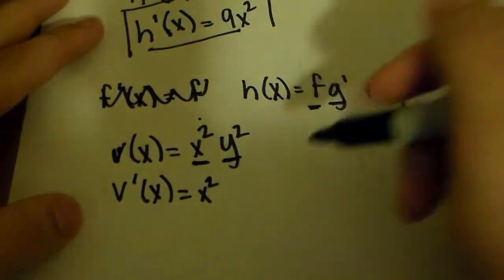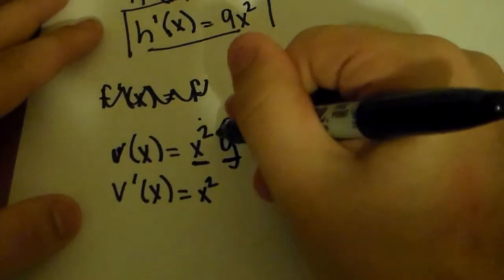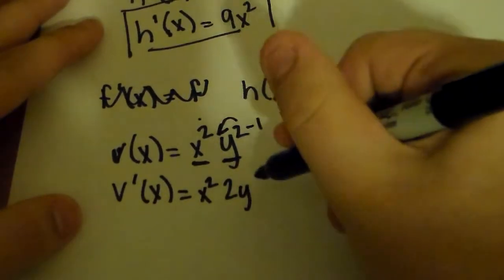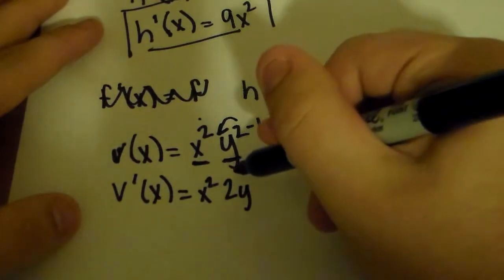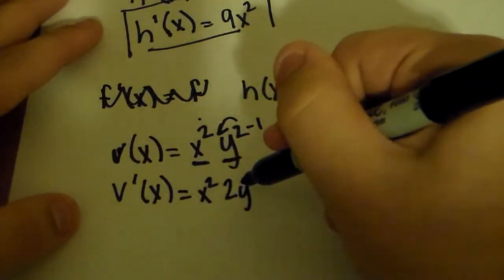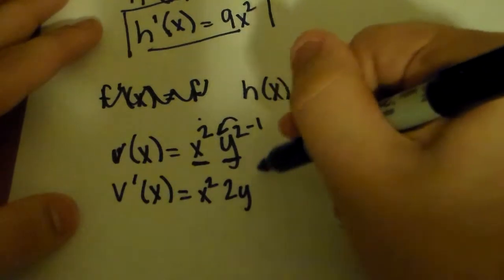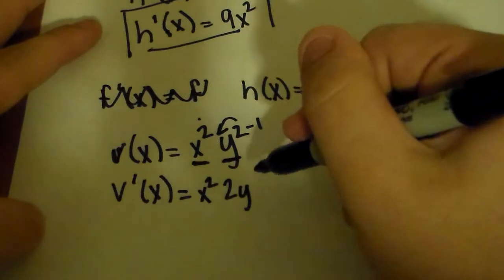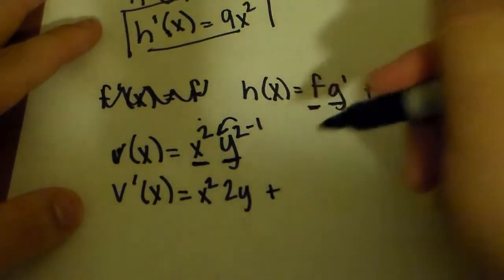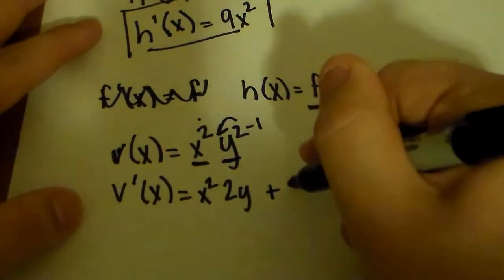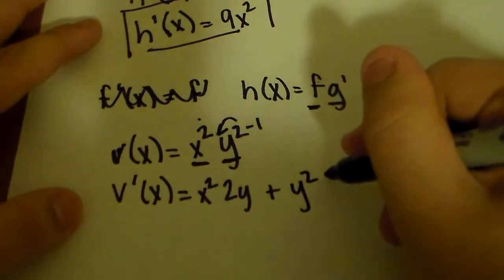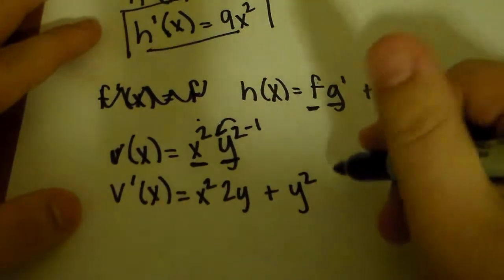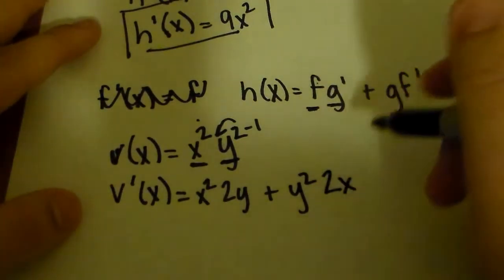We will bring that 2 down here, 2y, 2 minus 1 is 1. You can just leave it as that because any variable that doesn't have an exponent is automatically to the first power, plus the second, y squared, times the derivative of the first, as seen in this equation up here, 2x.